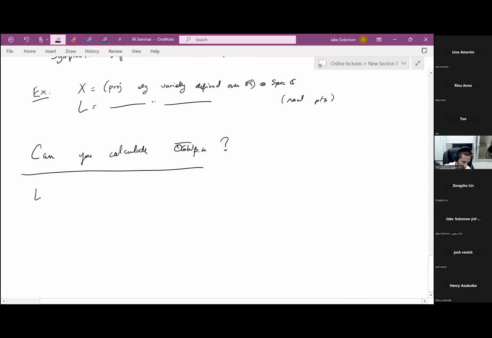And so one example that you can look at is, for example, real projective space. This was also in that paper 19. And you can compute everything.